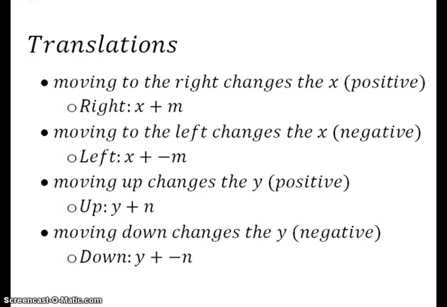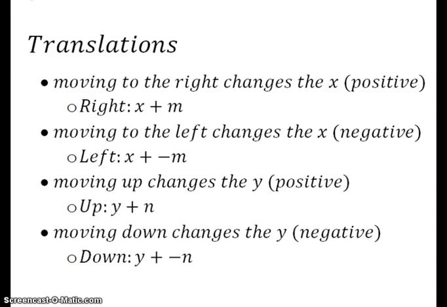Alright, so what I want you to do right now is take a moment. I want you to put this into your notes so that when you talk about translations, you know what directions are working. When you're moving to the right, it changes the x in a positive way. So in other words, right is x plus some number m. When you're moving to the left, it changes the x in a negative way.